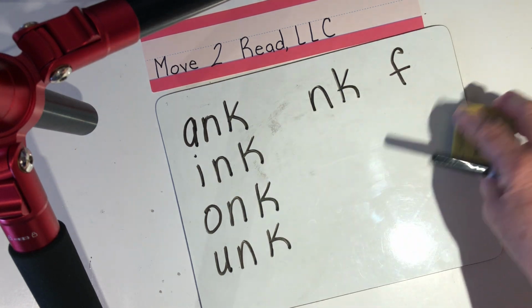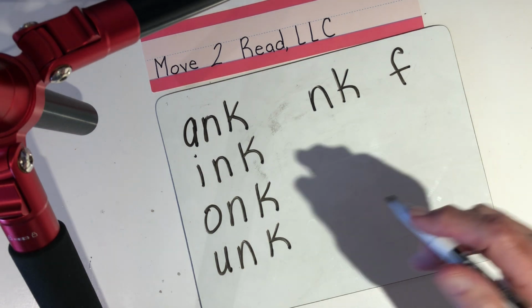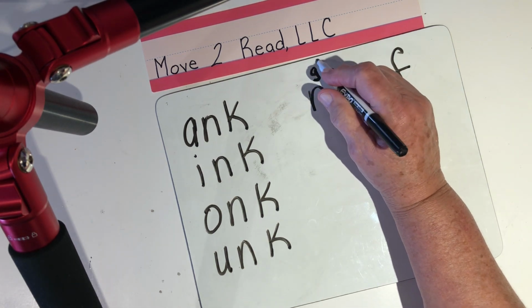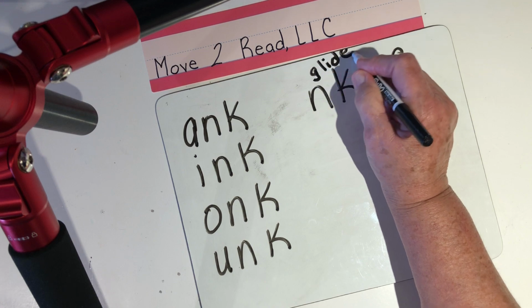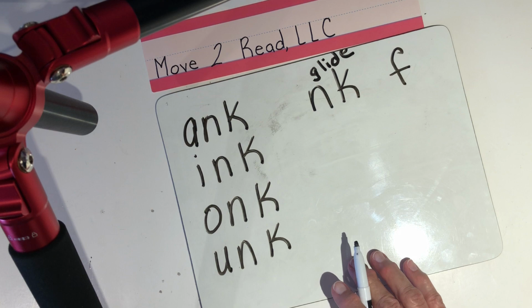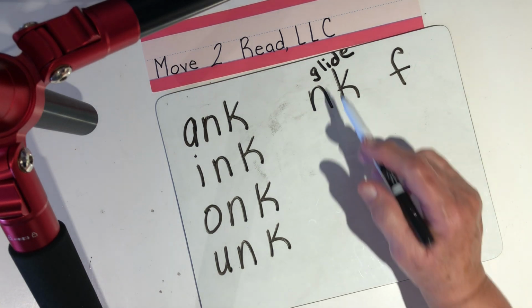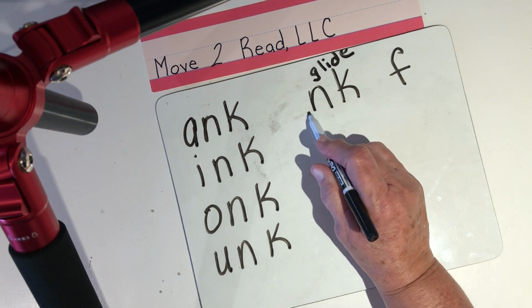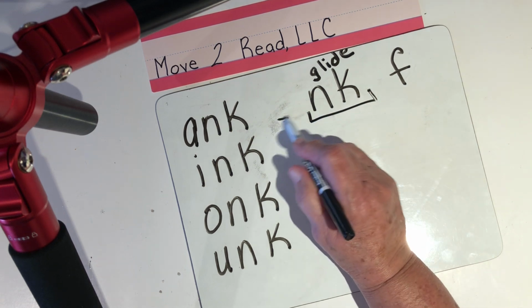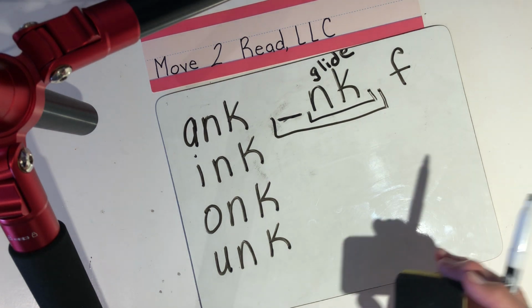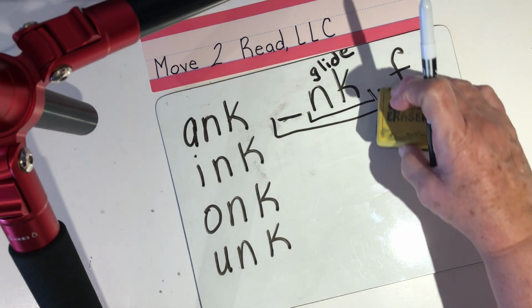So another consonant combination that we have is the NK family. It's not really a glide in the formal sense or the official sense, but we are going to study it while we're studying glides. I am going to have you write glide above it, and you will bracket it like this, and then if there's a vowel here, you'll bracket all three, just like with our NG family.